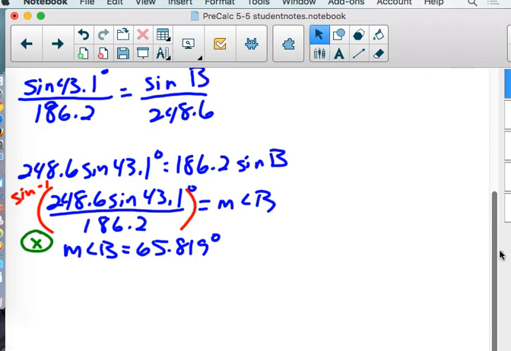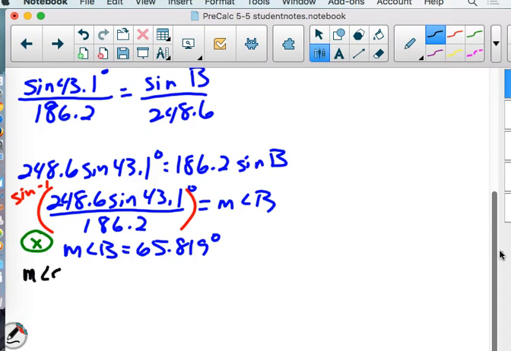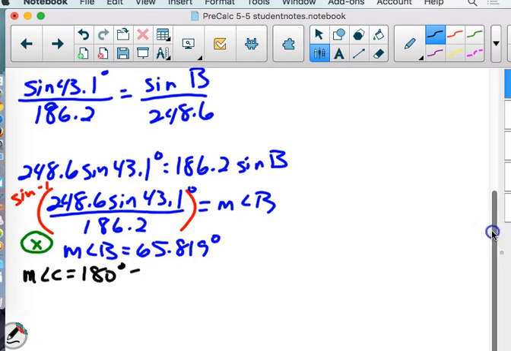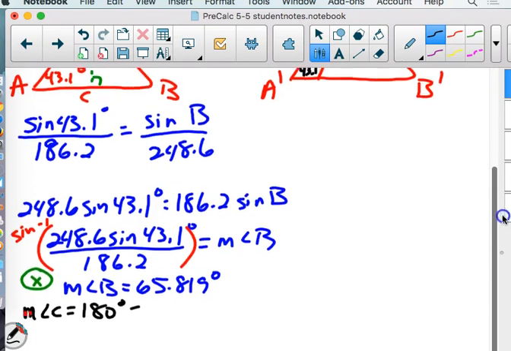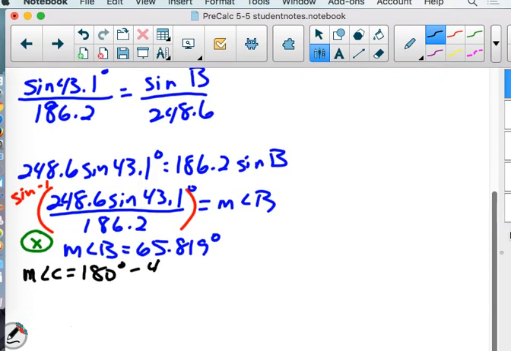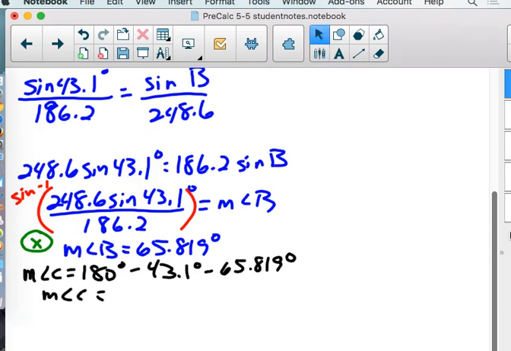Since I'm talking angles. So the measure of angle C is going to be 180 minus, well, they gave us 43.1 for A. And there's 65.819 that we had for B. And let's see how that works out.